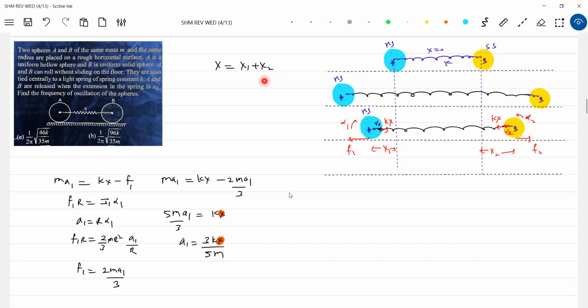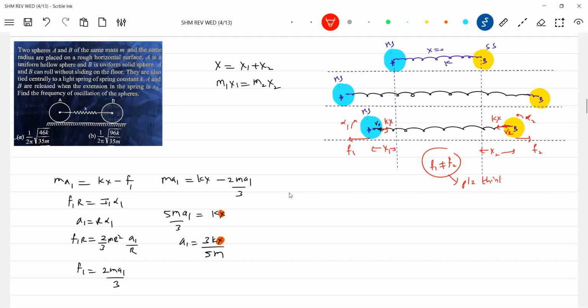There's no problem with the total elongation. But can I write like this? Will you object? You can write like this only when F1 equals F2, and I'm very sure that F1 is not equal to F2. Why?